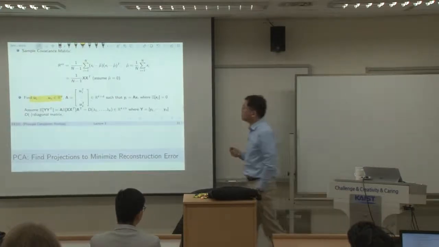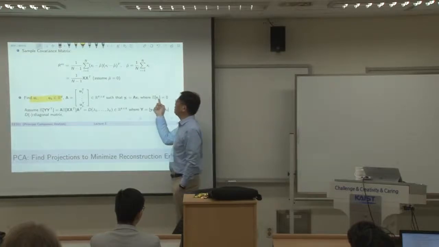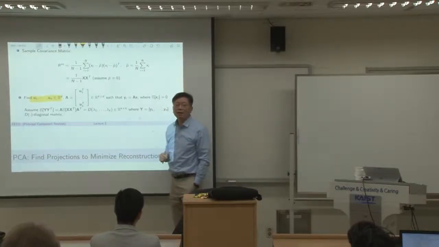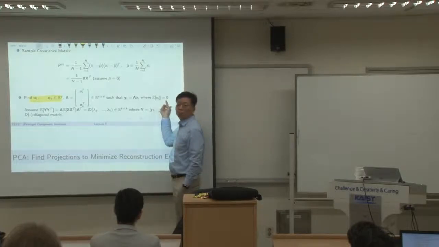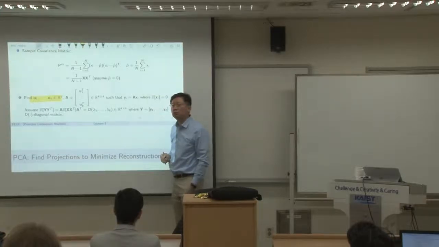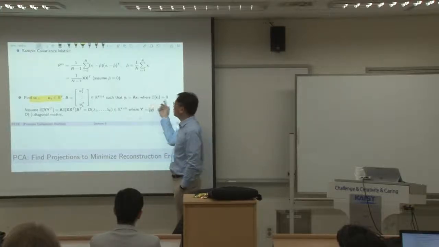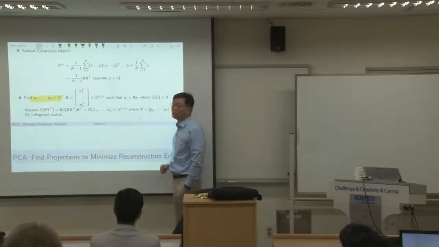And I'm going to assume that the xi is zero mean, without loss of generality. If the data doesn't satisfy this, what do I do? Just subtract out the mean value. That's no problem.